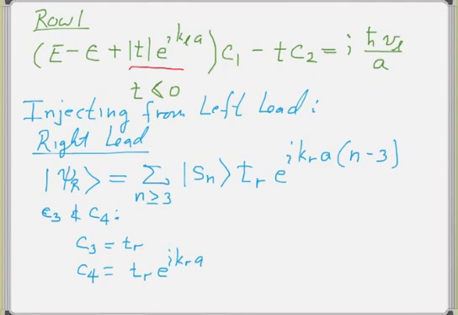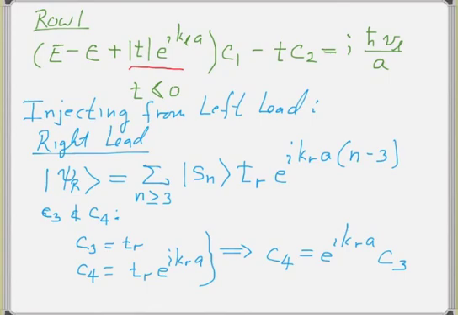And so this is actually pretty easy, compared to the left lead, which means that C4 is equal to e to the i k_R a C3. We don't have to do very much here.